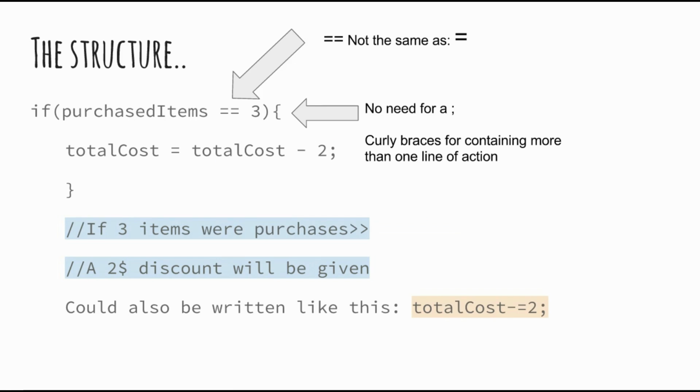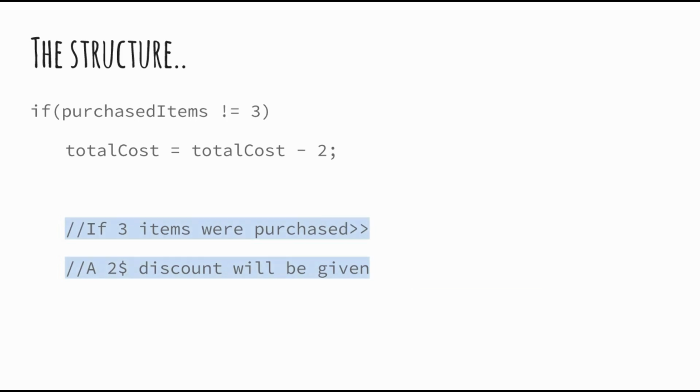You could write a few rows and have the curly braces included, but in case you write only one action, like in this example, you don't have to have the curly braces, but sometimes it just looks more organized and might prevent confusion. Another thing I would like to show here is this sign, which means not equal. So if the value is not equal to 3, then the following condition will happen.